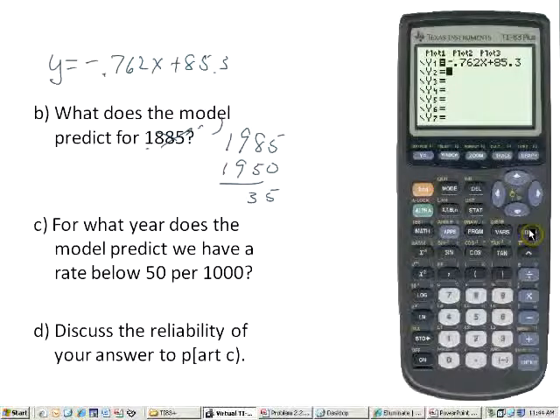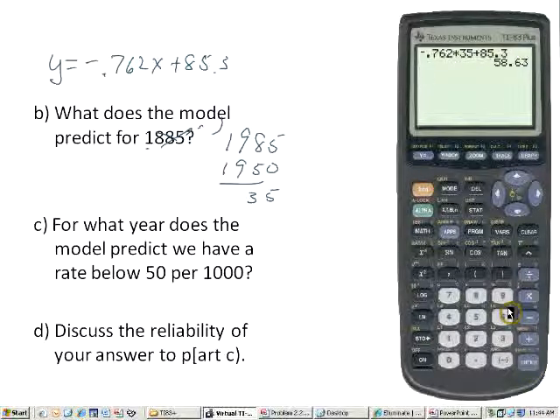Let's get to the home screen here. Let's do quit, and clear. So what we're going to do is take negative 0.762 times, in this case 35 because that's our x value, plus the 85.3 we said.